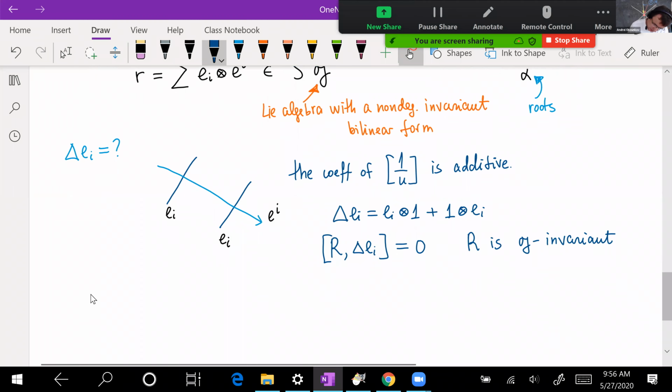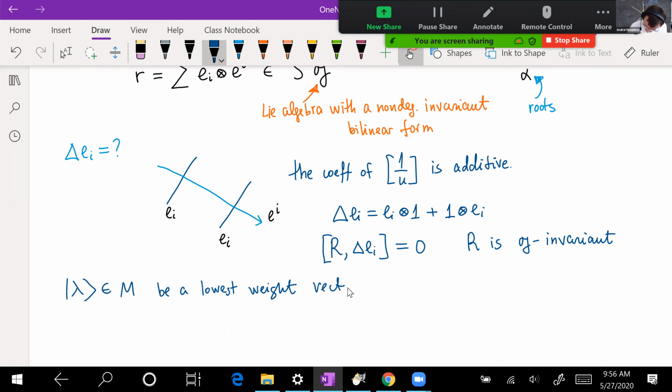Let's look at this. Suppose we decided our module M is a module of highest weight, or lowest weight. Let lambda in M be a lowest weight vector of weight lambda.